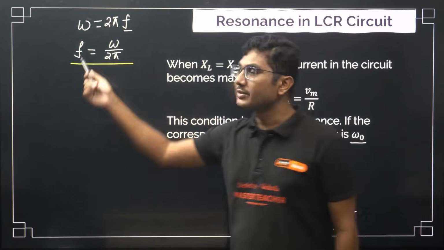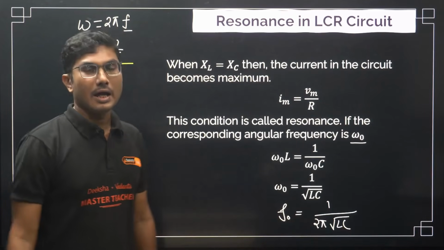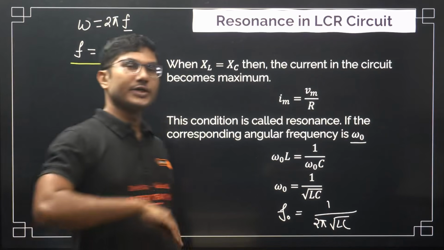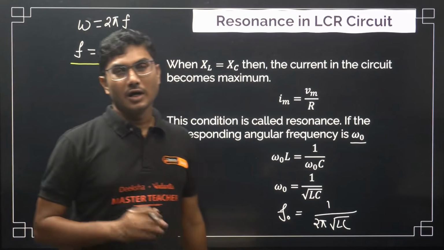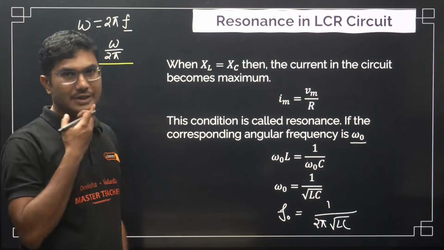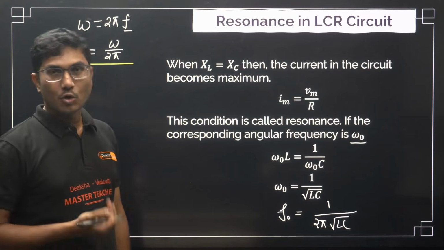Okay, in many cases this frequency f will be given and you have to apply this conversion formula to convert it into angular frequency, because in many cases angular frequency is important, because omega C, omega L are actually omegas, right?